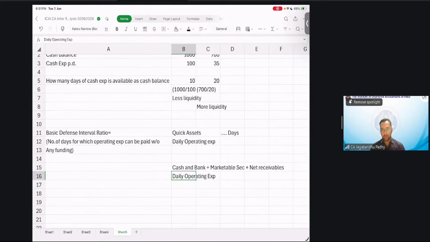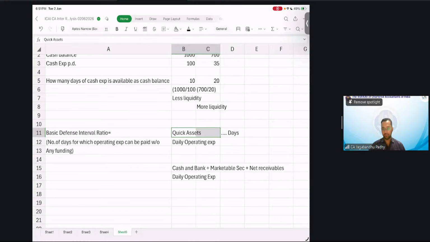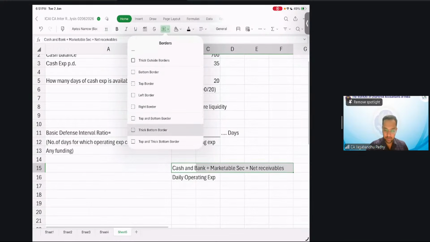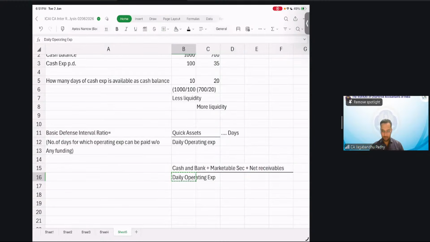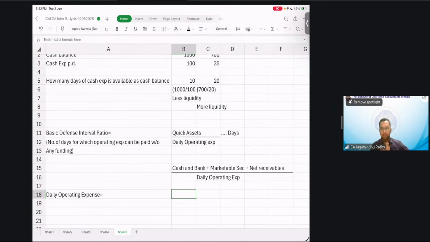Now the question is, how do we calculate this daily operating expense? Daily operating expense is total expense for the year divided by the number of days.